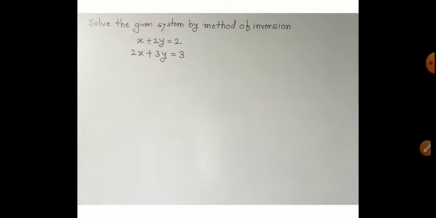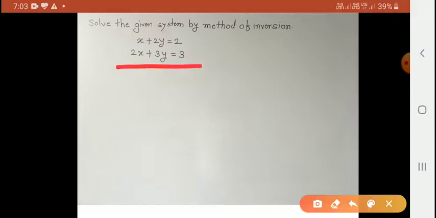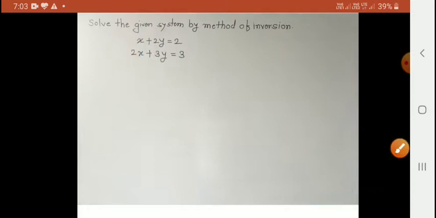This is the given system. It has two variables x, y and two equations. First we have to adjust the equations: first all x, then y, and equal to a constant or number.